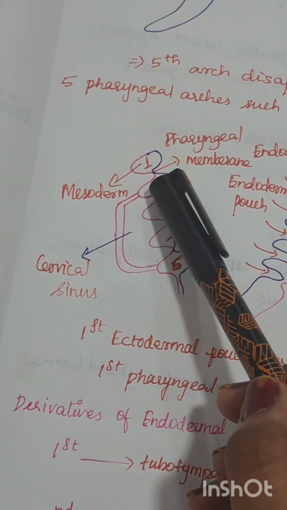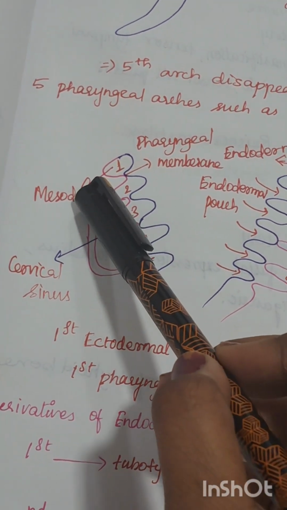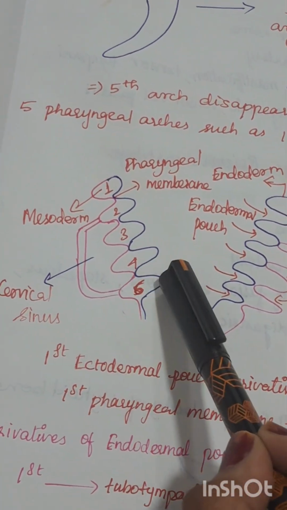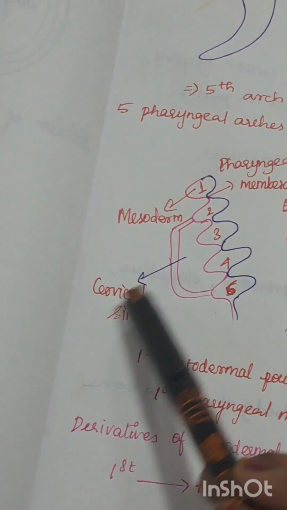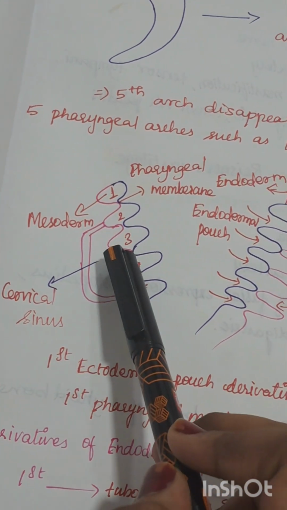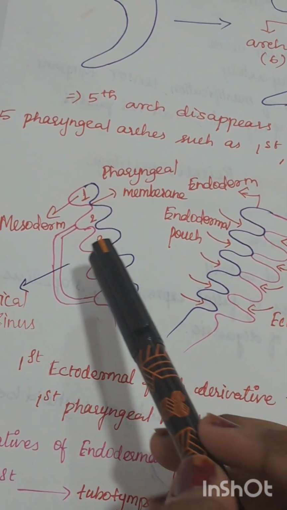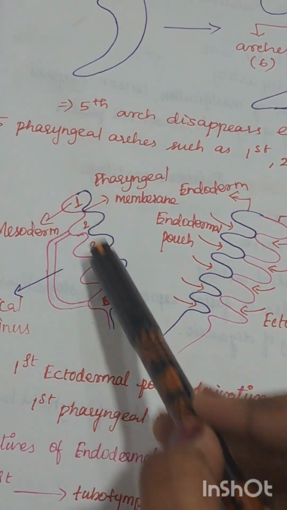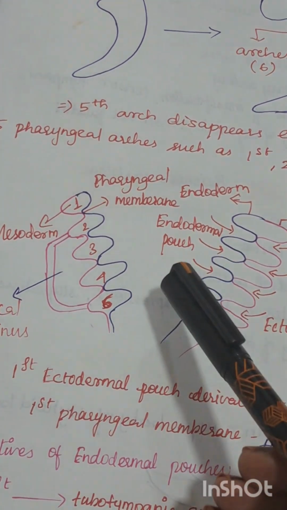Then the second arch extends and descends downwards and joins with the sixth arch and forms the cervical sinus. This cervical sinus will be obliterated. The second arch will be attached with these arches and get obliterated.